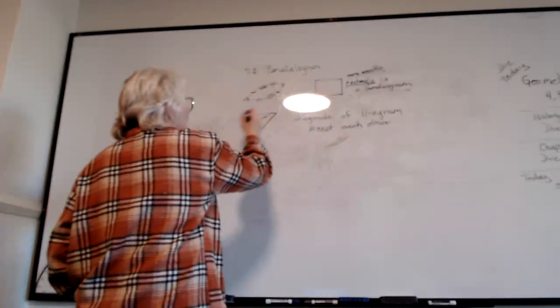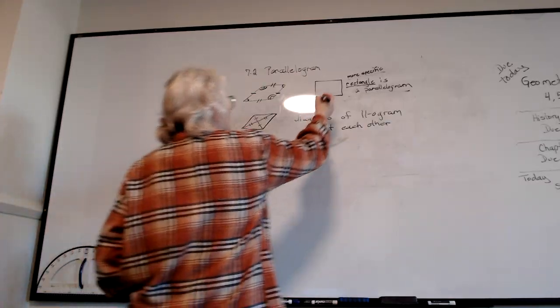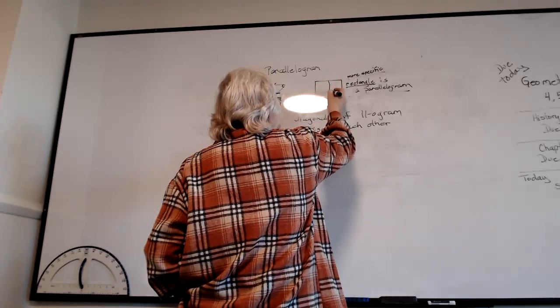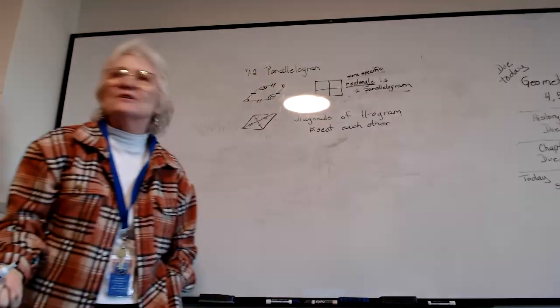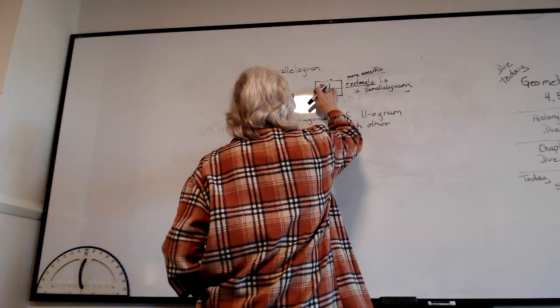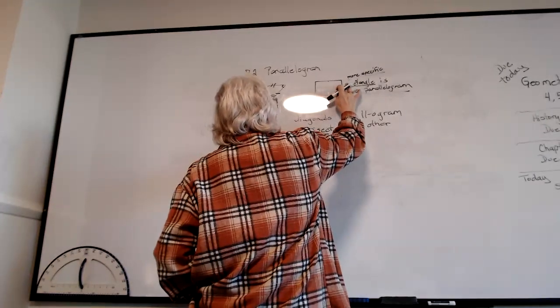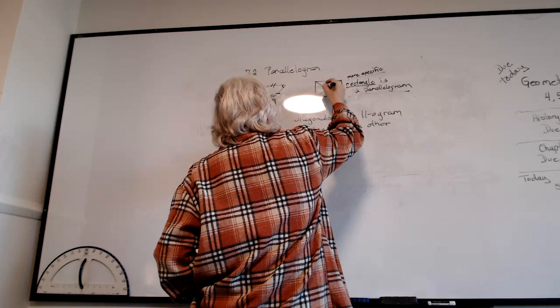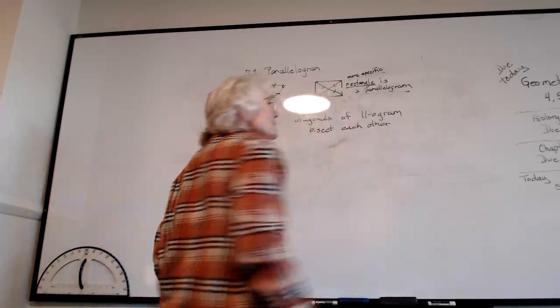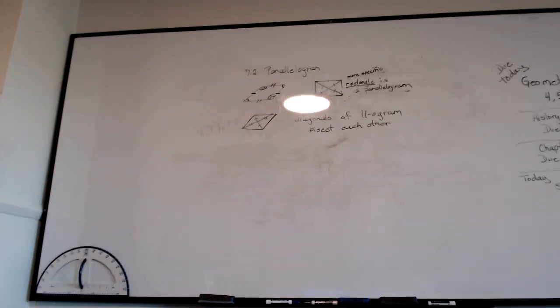So this is what we know is true. That also is true if we look up here. If I draw a rectangle and draw the diagonals, they are all the same length, but the diagonals always bisect each other when you have a parallelogram. Okay.